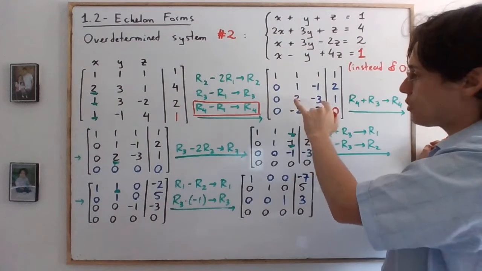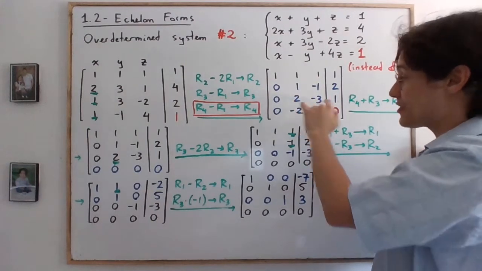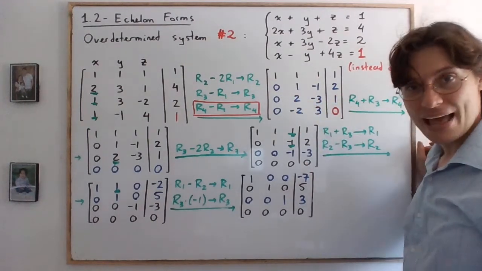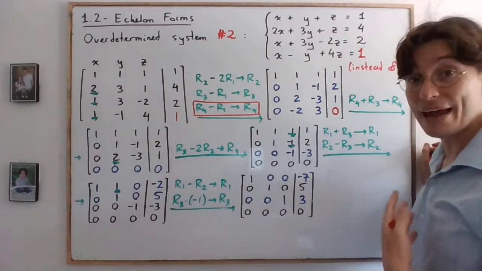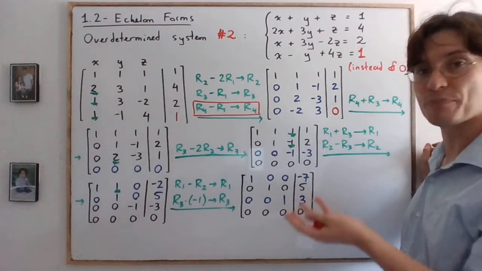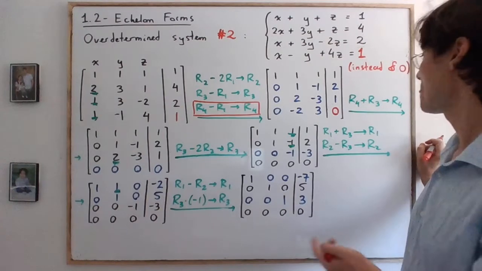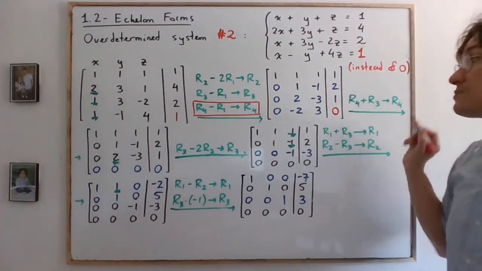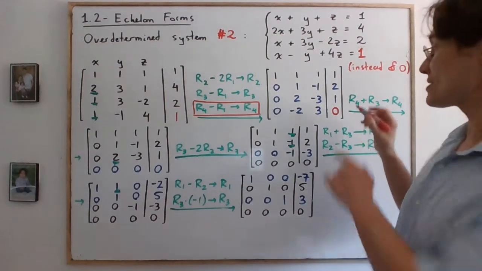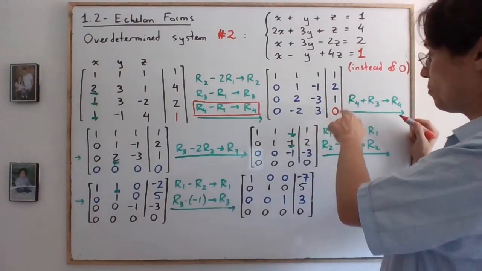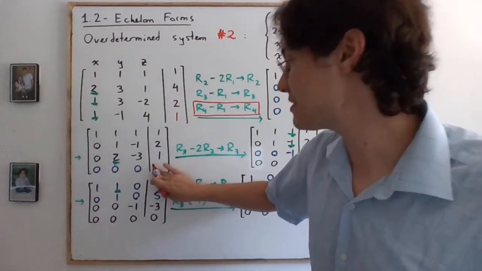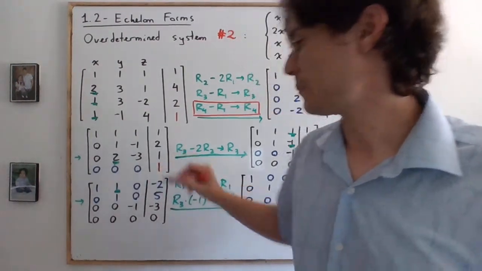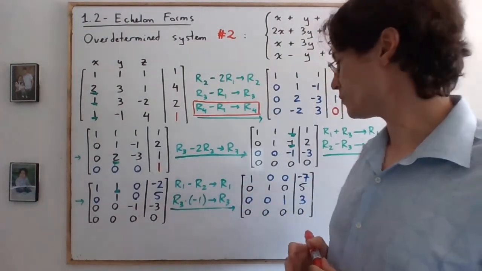Notice that these rows are opposites of each other except for the constants. And now we will use this to our advantage to shorten the process, like a shortcut. So we're doing the same row operation: row 4 plus row 3 becomes row 4. Now what's going to happen is 0 plus 1 is going to make this become 1.